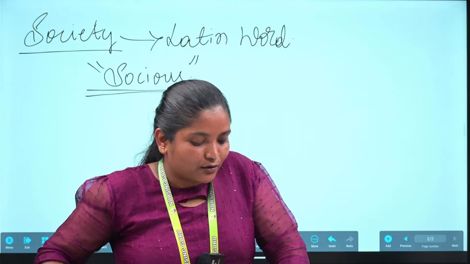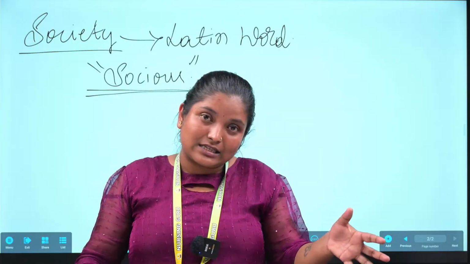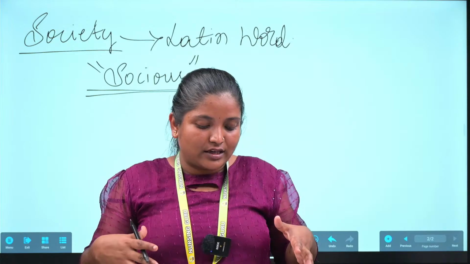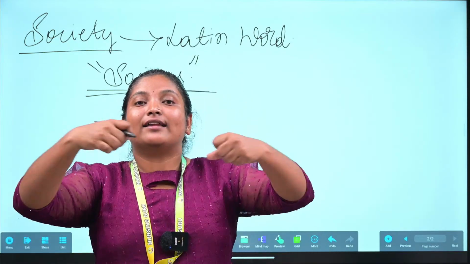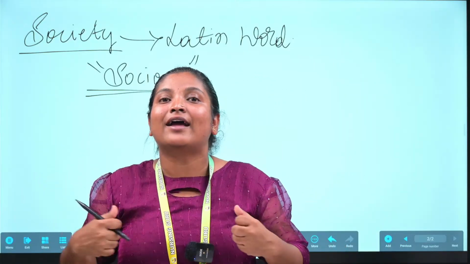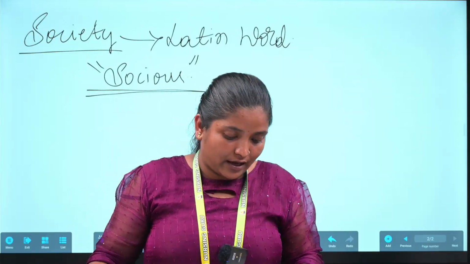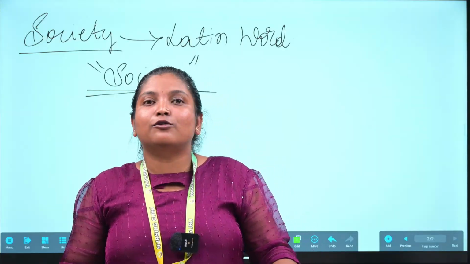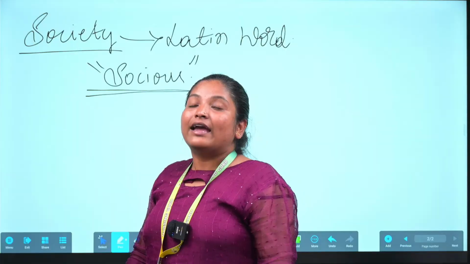The next one: socius means association, or companionship. There is a relation between one individual and another individual. Companionship will be there, association of people will be there. Thus society means a larger group of individuals who are associated with each other.